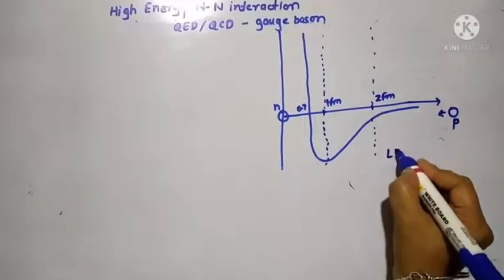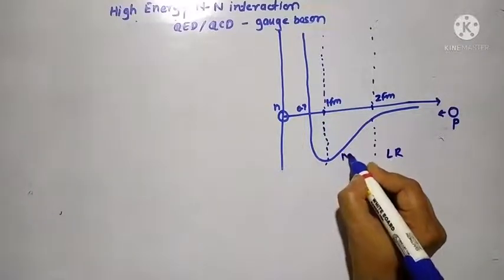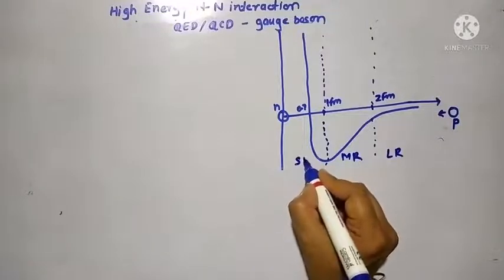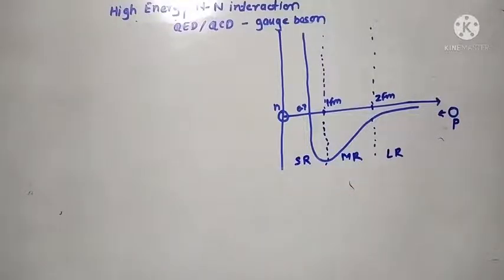So this is called a long range, this is called a medium range, and this is a short range interaction.